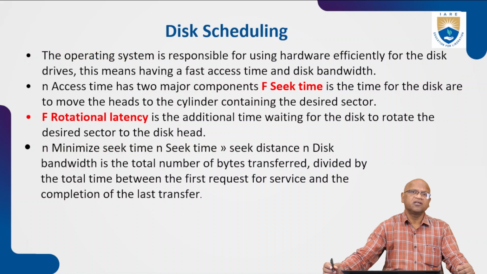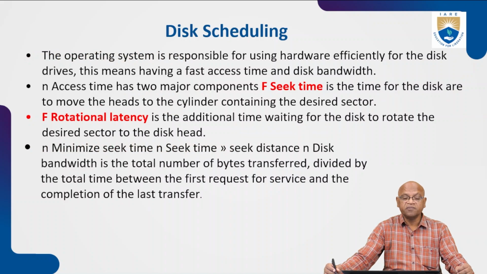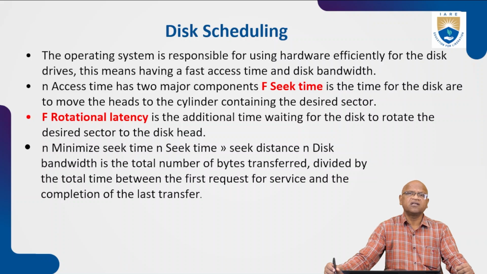So what is disk scheduling? The operating system is responsible for using hardware efficiently for disk drives. This means having a fast access time and disk bandwidth, with access time having two major components. Seek time is the time for the disk to move the heads to the cylinder containing the desired sector. Rotational latency is the additional time waiting for the disk to rotate the desired sector to the disk head.